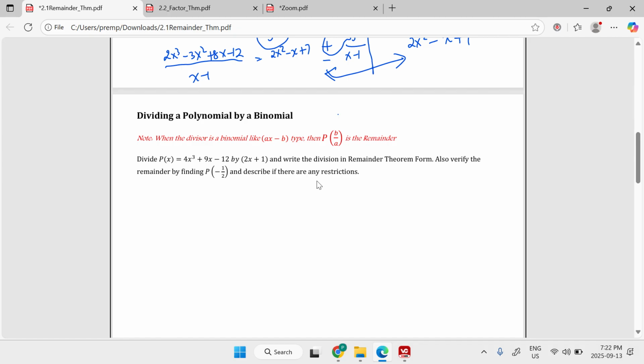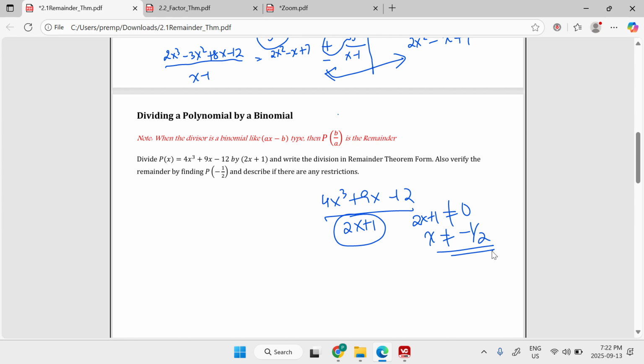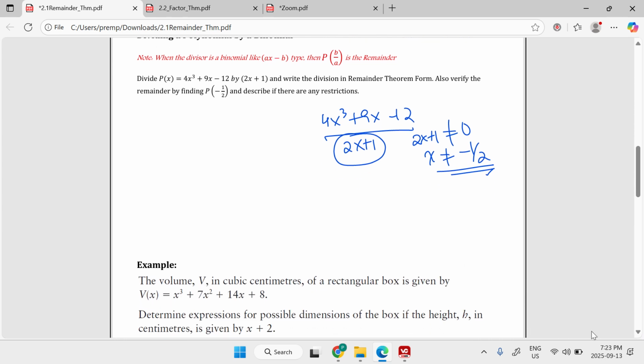So for restriction, you just write 4x³ plus 9x minus 12 over 2x plus 1. Obviously, this will be your restriction. You say 2x plus 1 should not be equal to 0. That means x should not be equal to negative half. So that's the restriction.